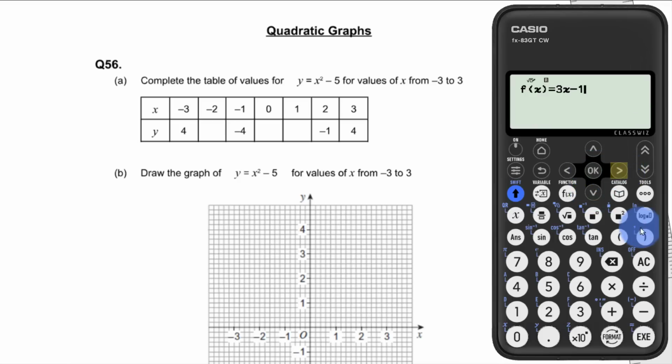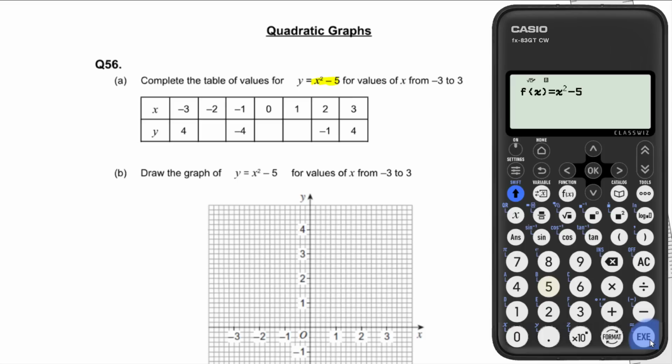So I'm going to press the option keys and then type in my equation. f of x is going to be equal to this bit after the equal sign, so I'm going to type that in: x squared minus 5 is the function, okay?